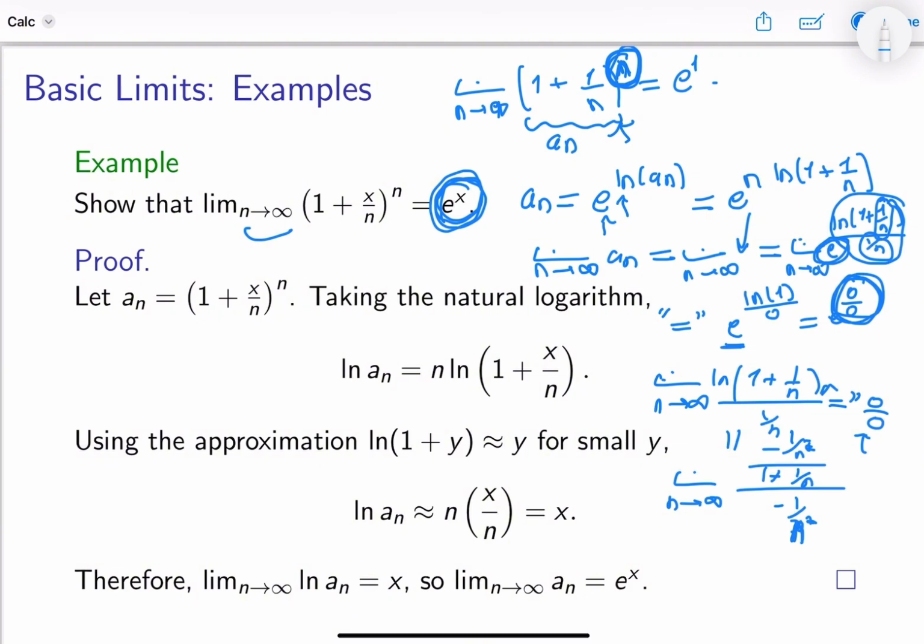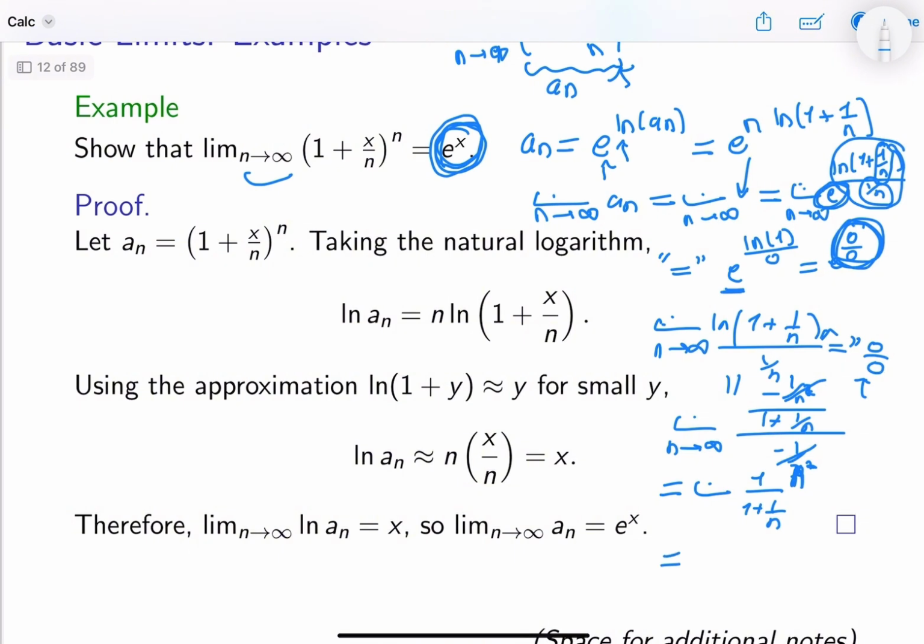And this thing and this thing will cancel out, and what you'll be left with is the limit of 1 over 1 plus 1 over n. You know the limit of 1 over n is 0, so this is 1 plus 0, which is 1, right?